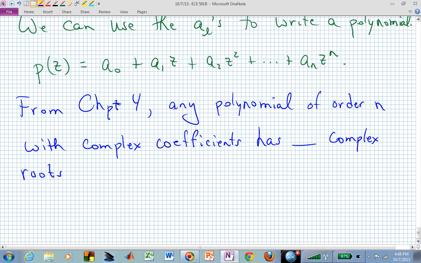So if I had a third order polynomial, how many complex roots would that have? 3. So this is going to have n complex roots.